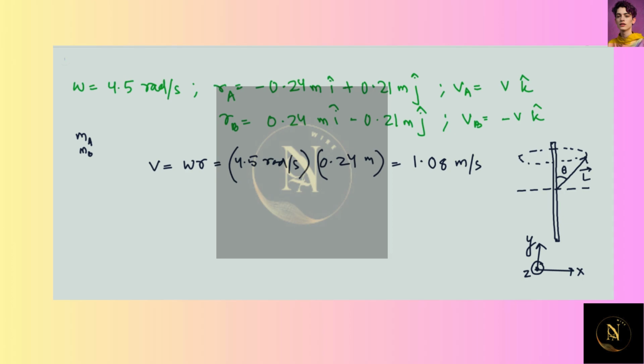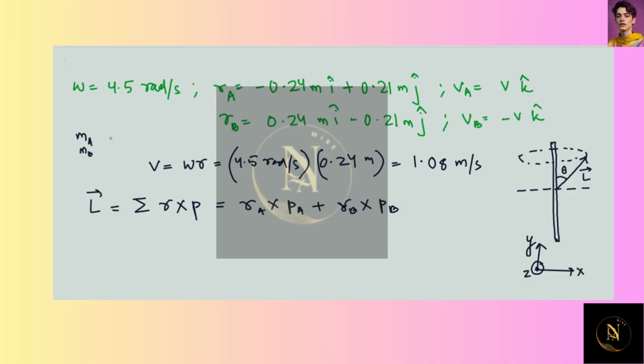Now let's find the momentum. So we have L to be equal to summation over r cross p. Therefore here this will be r cross pA plus r cross pB.